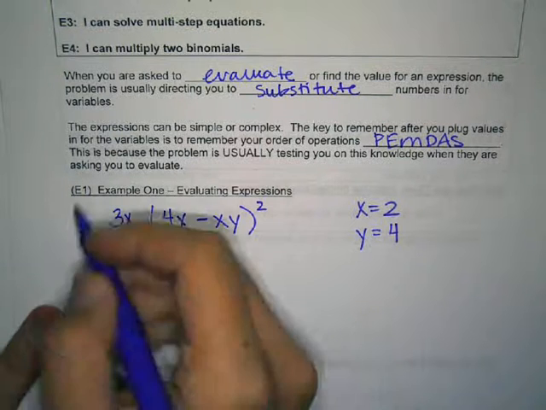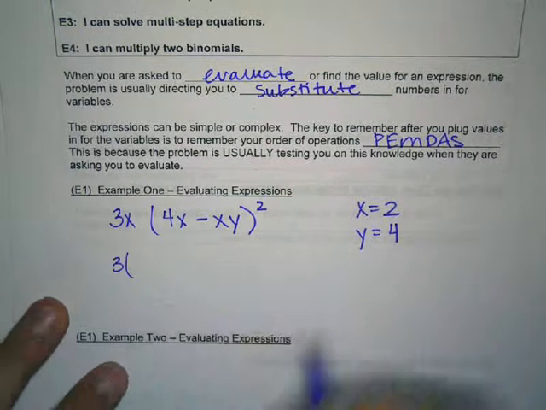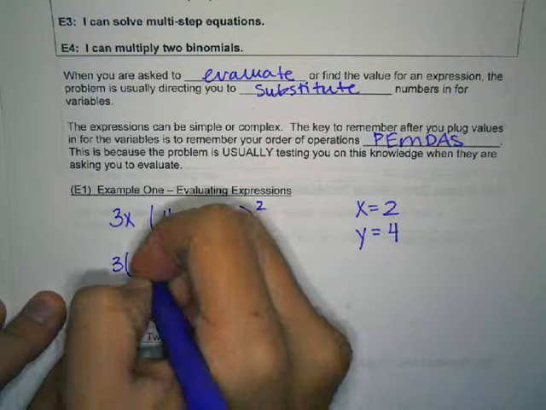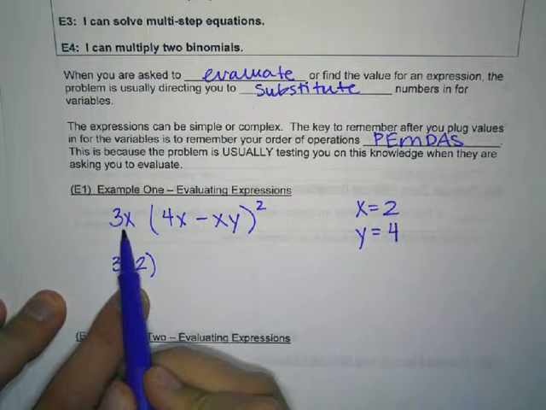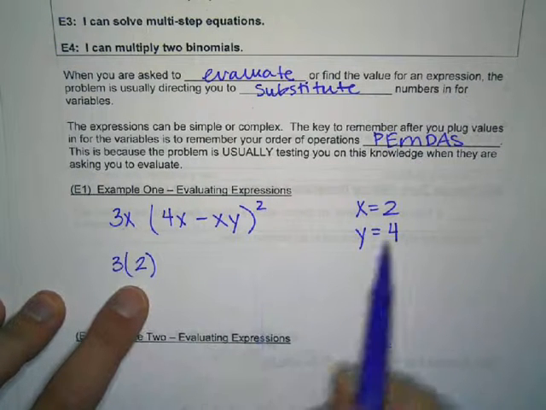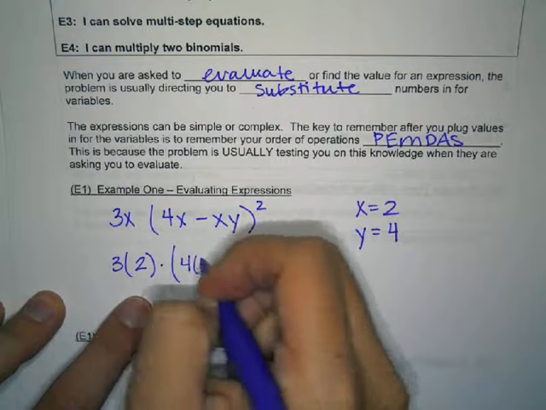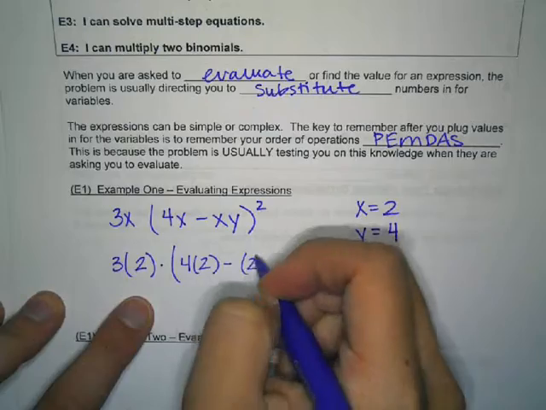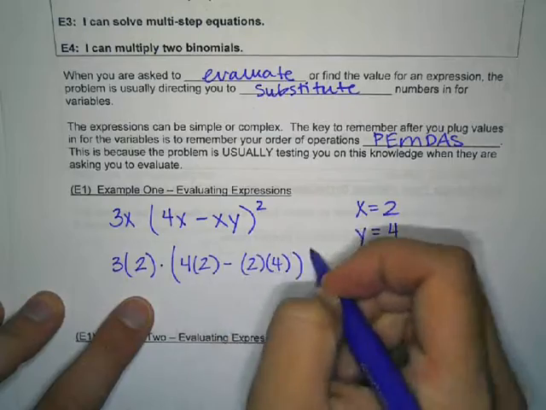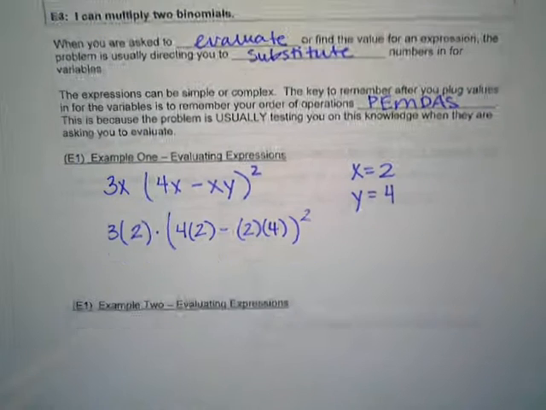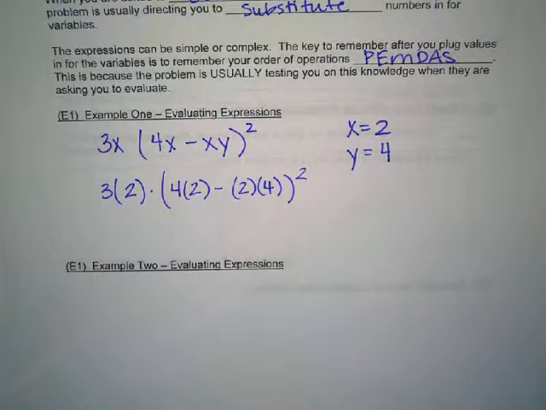So my suggestion right off the bat is just do that. Don't try to skip steps. Wherever you see an x, we're going to put a 2. Wherever you see a y, we're going to put a 4. Now, I know there's lots of parentheses going on there, but we don't want to automatically do an operation without making sure we're going in order.